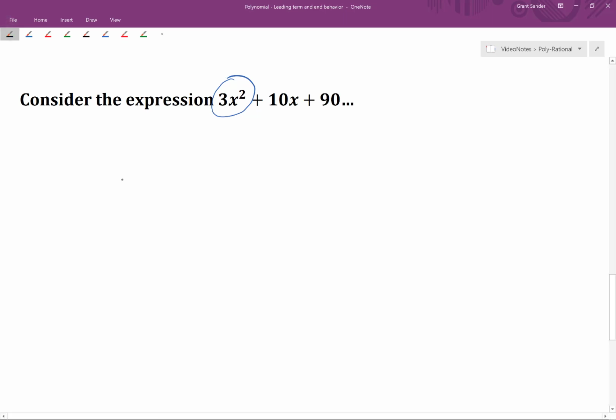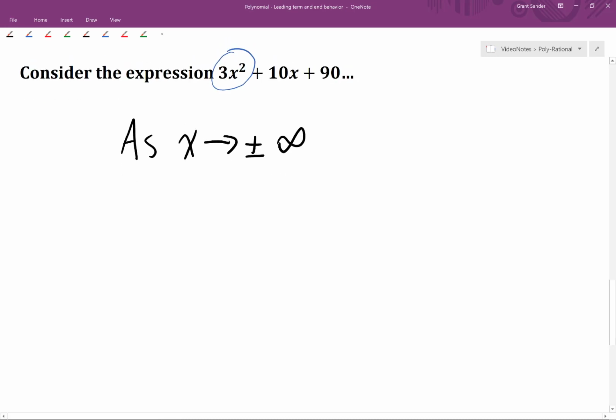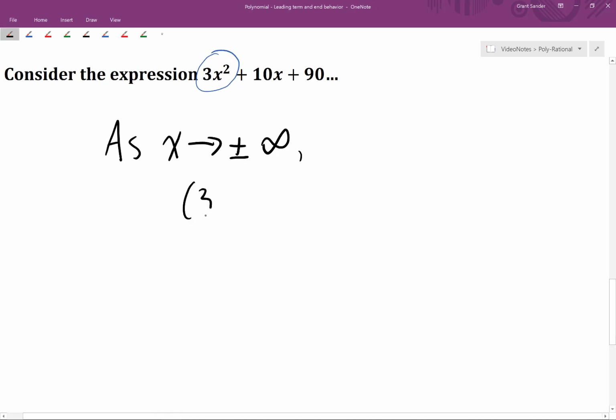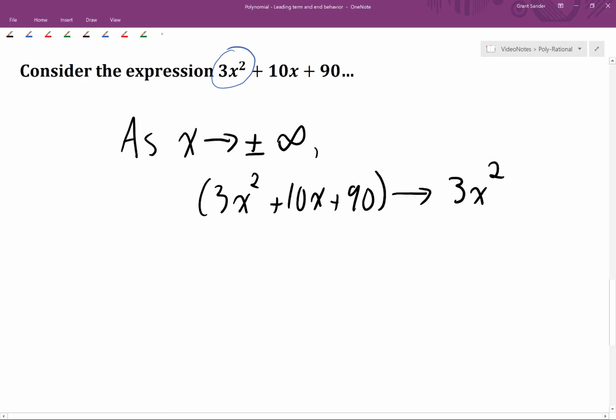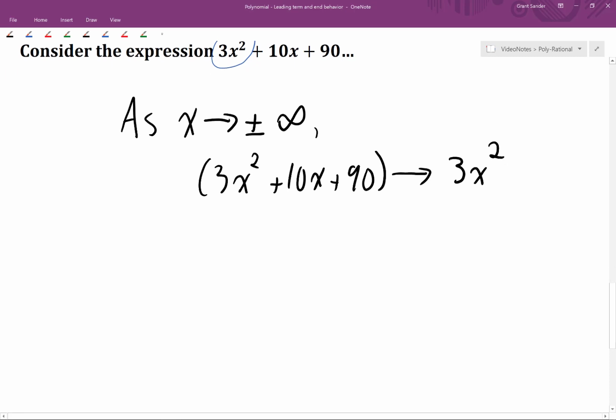So we can say that as x increases or decreases without bound, the value of 3x squared plus 10x plus 90 looks essentially like 3x squared, where the value of this polynomial approaches the value of 3x squared.